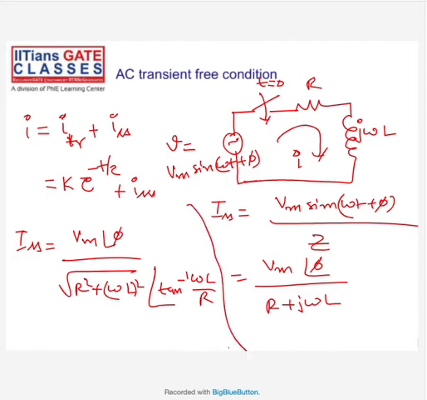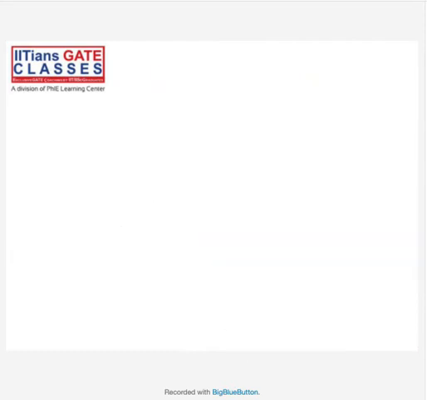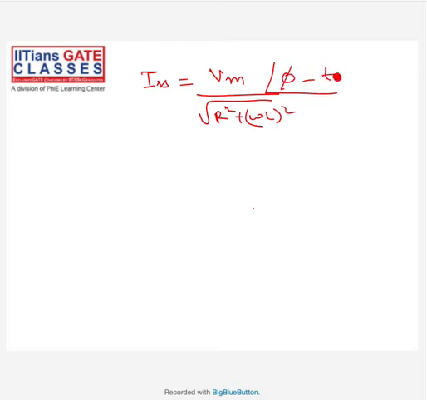Okay, next page. So ISS will be Vm divided by root of R square plus omega L square at an angle phi minus tan inverse omega L by R. This is my steady state current.